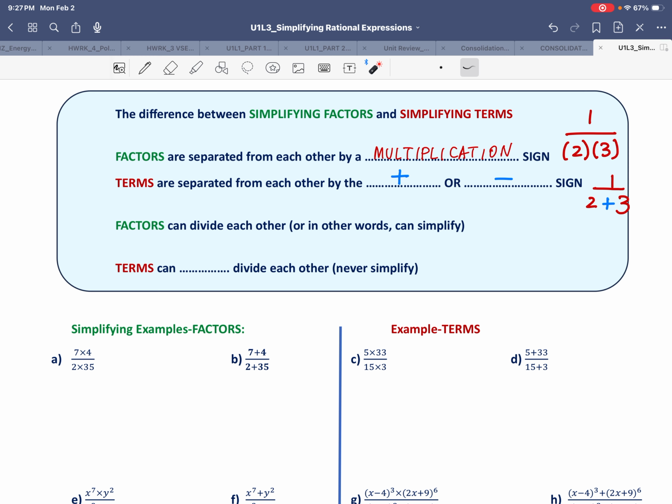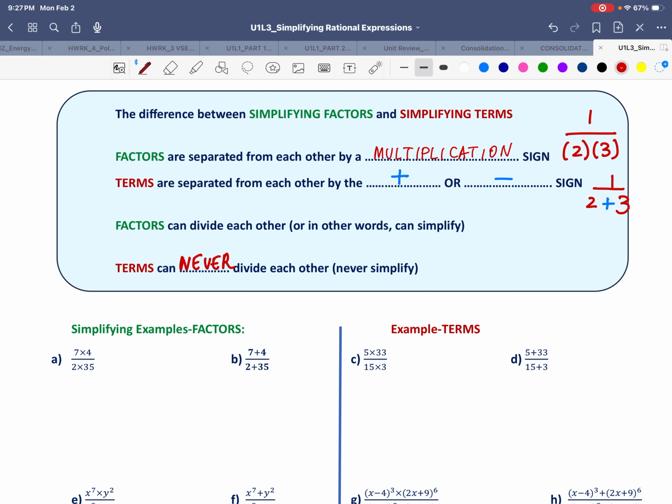The reason why we want to mention this is because it's important to be able to identify the factors correctly in an expression, because factors can divide into each other and simplify the expression, but terms can never divide each other or simplify.